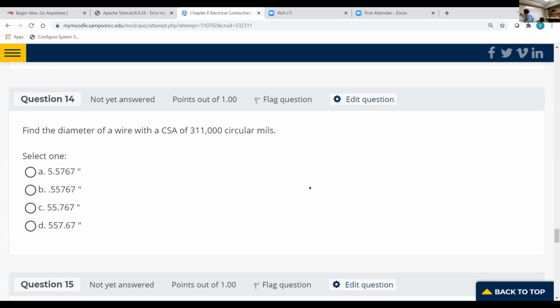So we want the diameter equals what in inches, and we have a CSA of 311,000 circular mils.